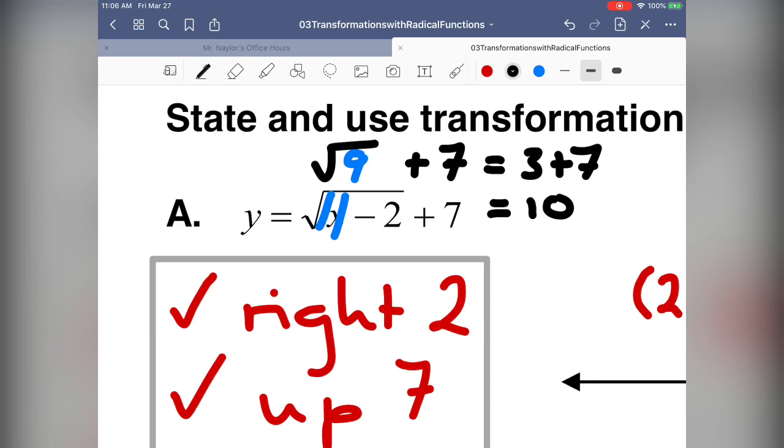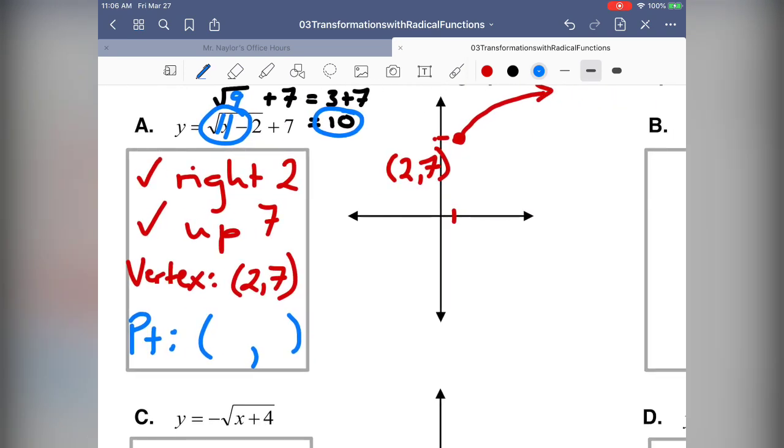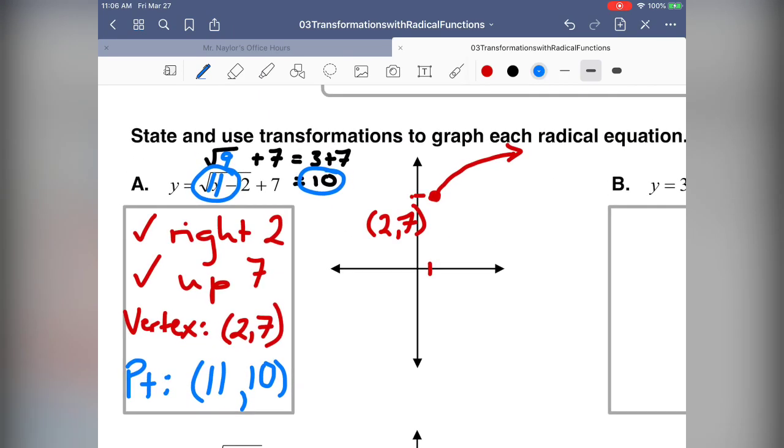Now, a lot of that math you can do in your head, but the important thing to realize here is that I plugged in 11, and I got 10. And again, why did I plug in 11? Well, because I wanted to take the square root of 9, because 9 is a perfect number. Now, the thing about (11, 10) is that it actually shows up on this graph, and it gives me a second point that I can use to help draw my square root graph.